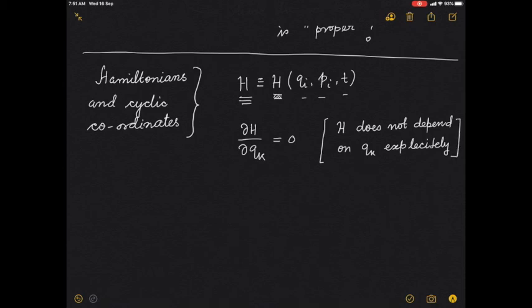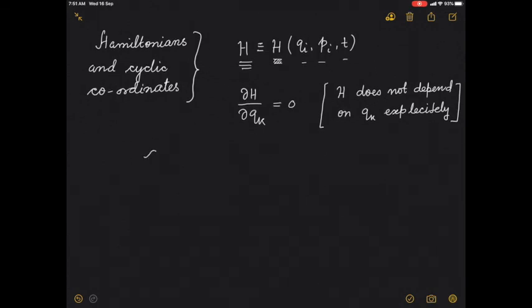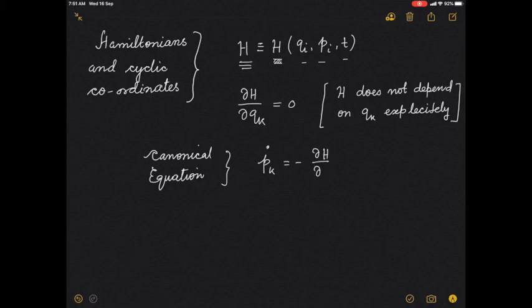Right? But the canonical equation tells you that pk dot, the rate of change of the momentum pk, is nothing but minus del h del qk, and that is 0, and that implies that pk is constant.